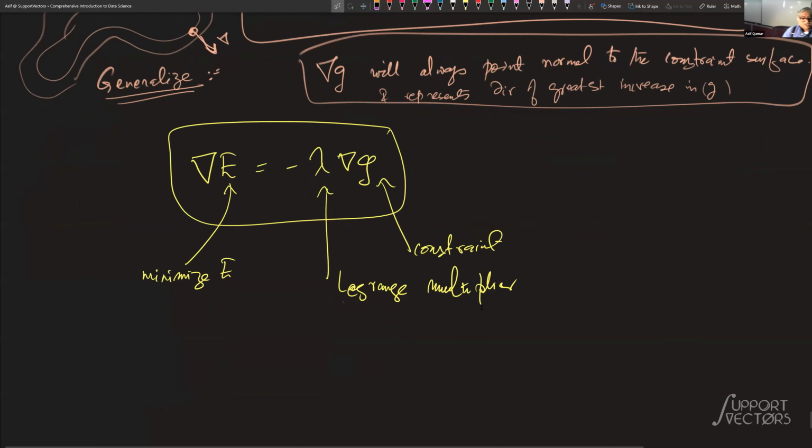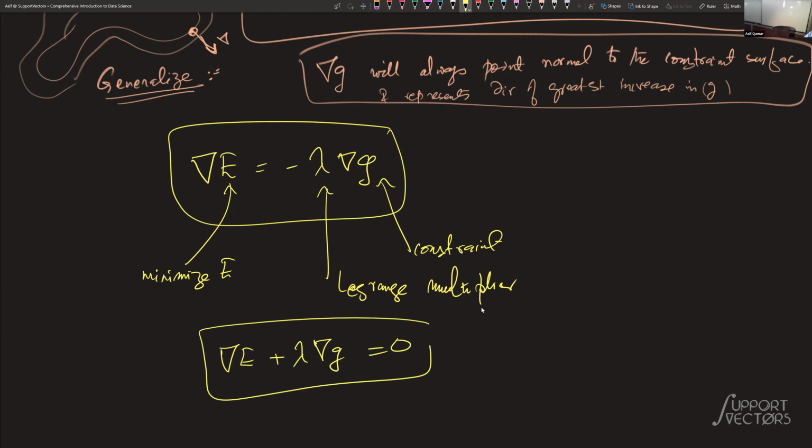Now this equation, I'll write it in a slightly different way. And now the rest of it is just thing. Gradient of E plus lambda gradient of G is equal to 0. Can I just rewrite it like this? And from this we can conclude that the gradient of E plus lambda G is equal to 0.